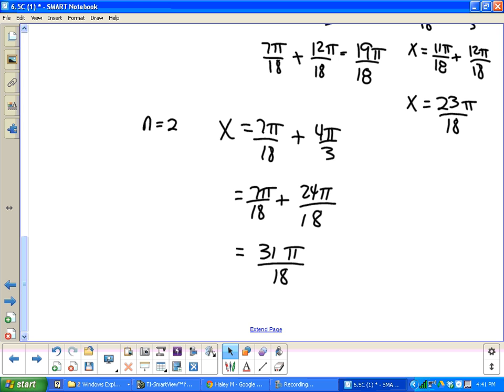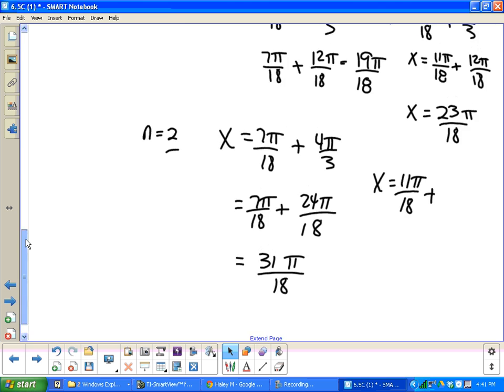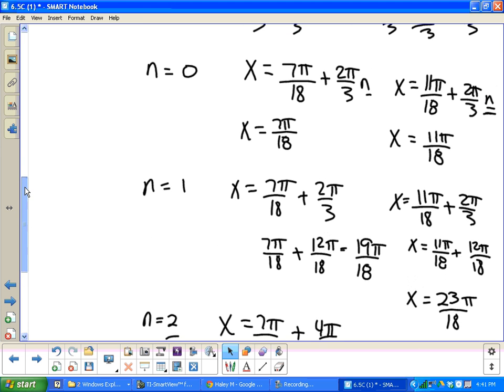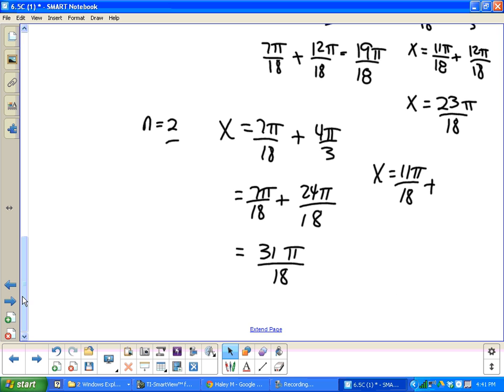All right, let's do the other one. I bet the other one's probably not going to be too big either. So now let's do 11 pi over 18 plus, letting n equal 2. If I put in 2 back there, that's going to be plus 4 pi over 3.